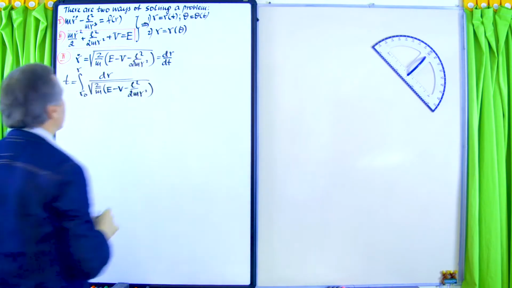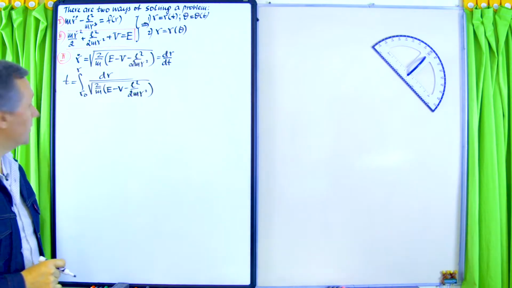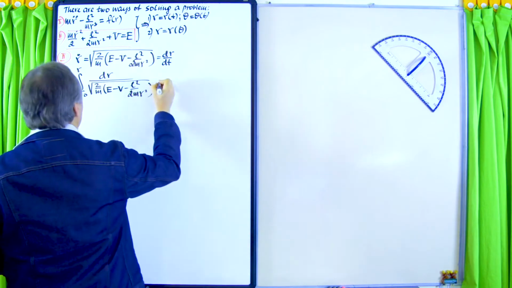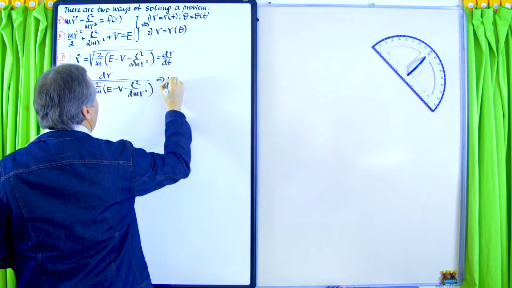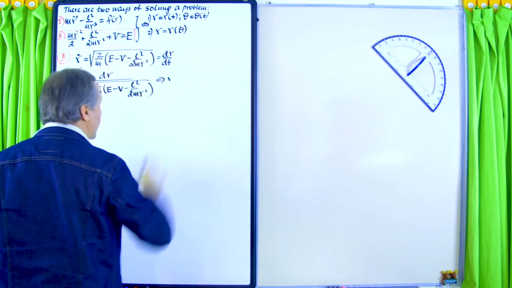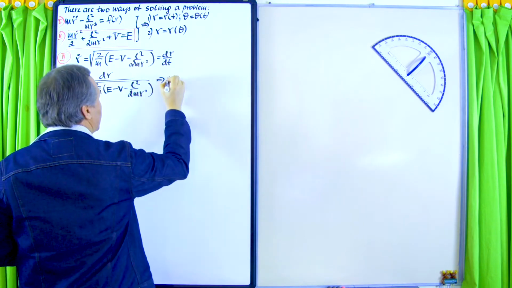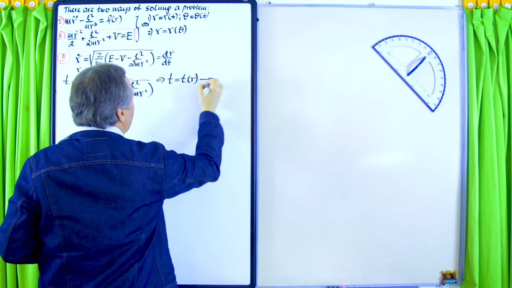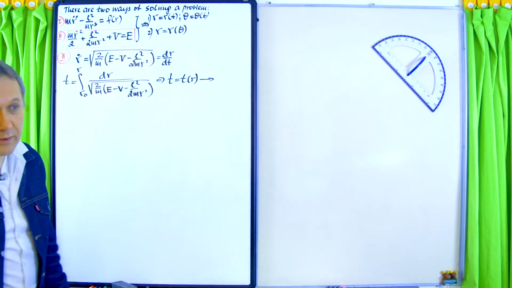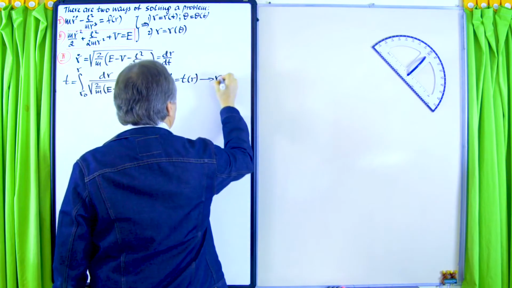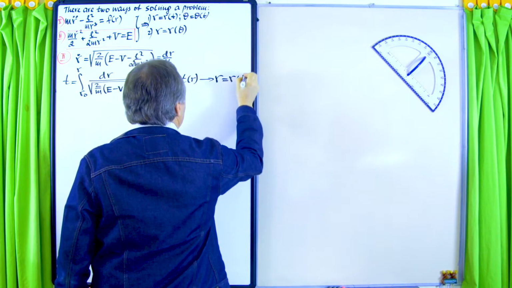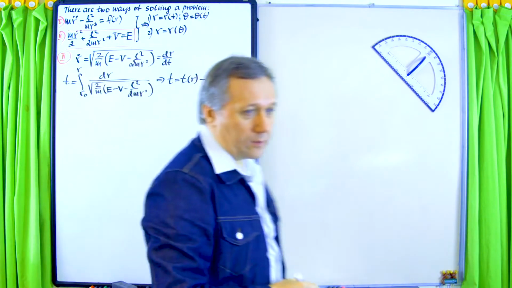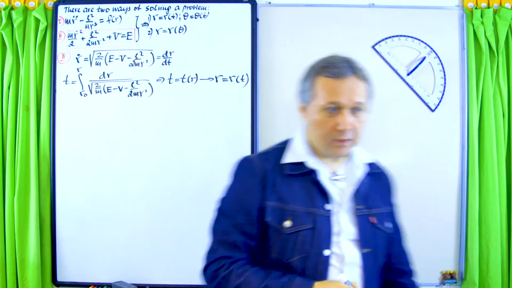Of course, you can take this integral, and as a result you will get t as a function of r, but then you'll have to invert it in order to get r as a function of t. That's the approach to get the dependence of r on t.